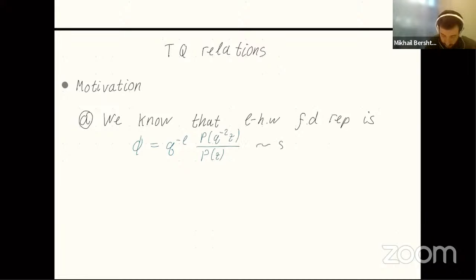This is quite a special rational function.